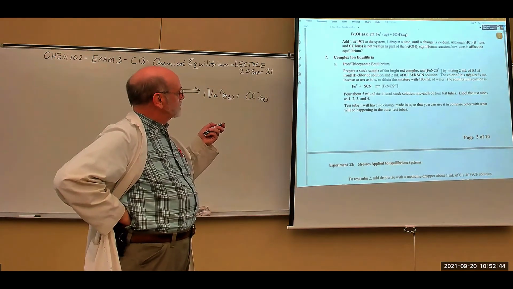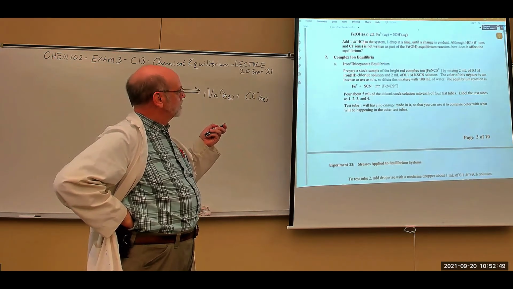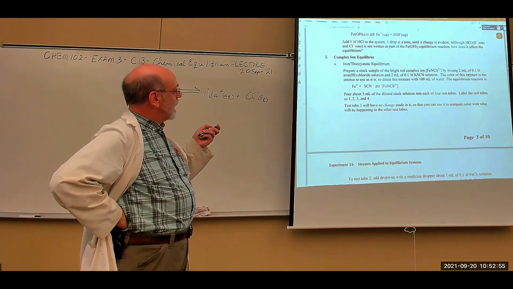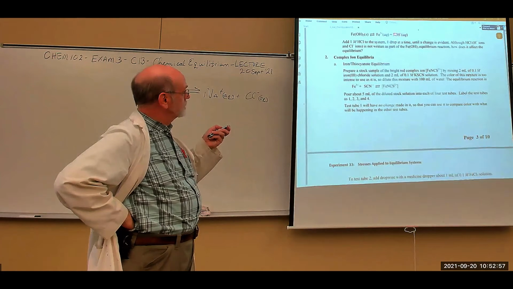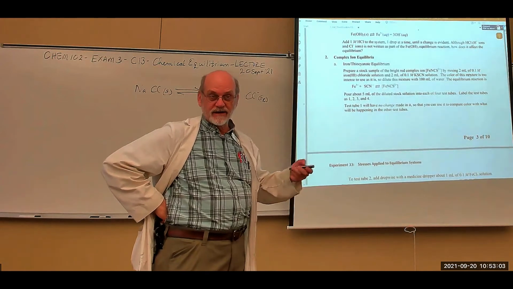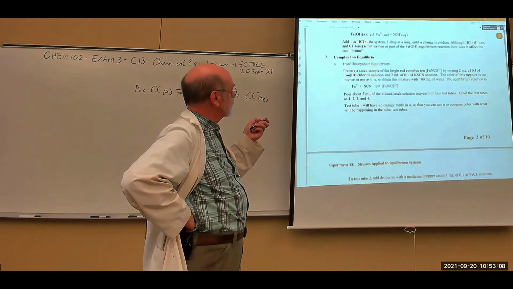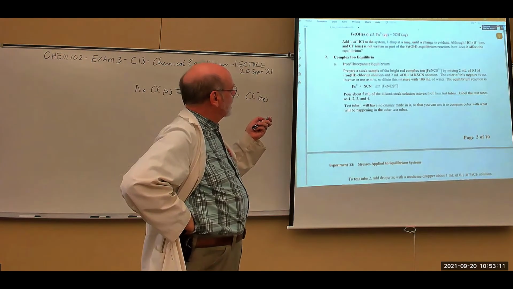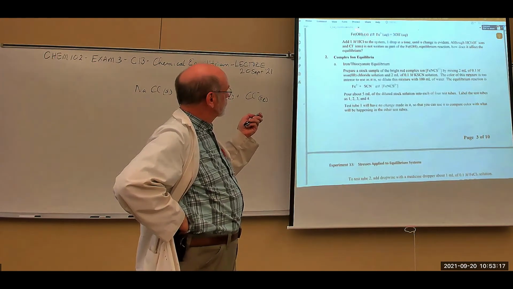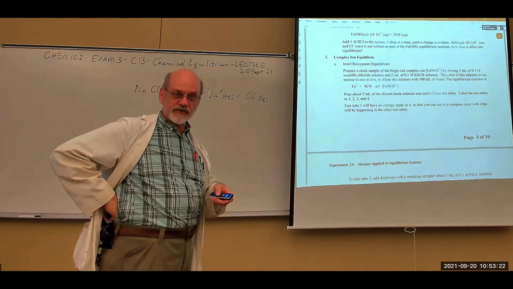But if you add hydrochloric acid to the system, what's going to happen? What's it going to react with? Well, the hydrogen ions are going to react with the hydroxyls, correct? And what does that produce? Water. So you're going to remove hydroxyls from this system if you add concentrated hydrochloric acid, and that will shift the reaction to the right, which dissolves the iron hydroxide. That's what you're going to see.